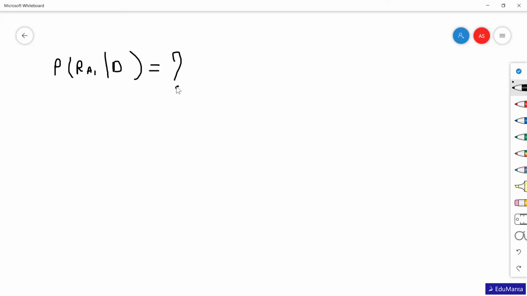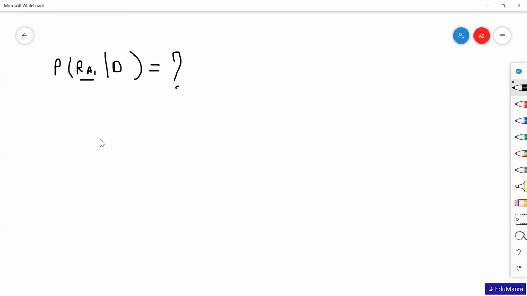The data given is what percentage of people are in the A1 category, that is 30%, what percentage of people are in the A2 category, and what percentage of people are in the A3 category, right?